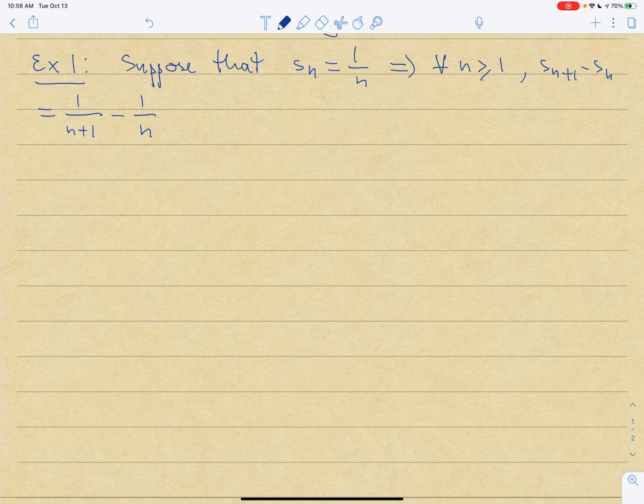We can simplify this expression: n minus n plus 1 over n times n plus 1.